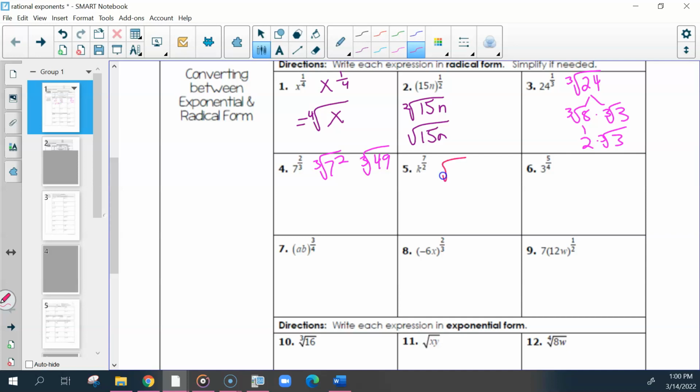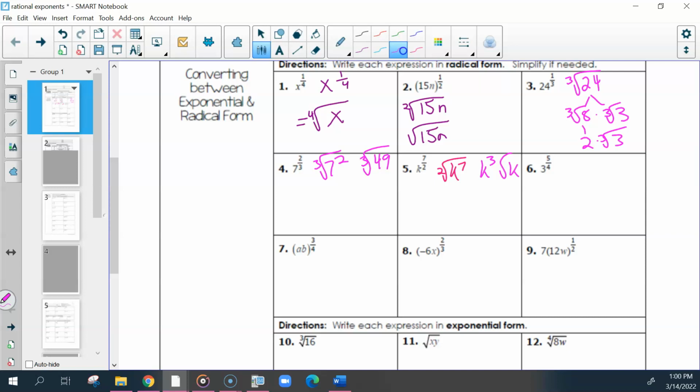That would be the 2nd root, or the square root, of k to the 7. Here is where it becomes something you need to simplify, because 2 goes into 7. So we could break this down, because 2 goes into 7 3 times with 1 left over.